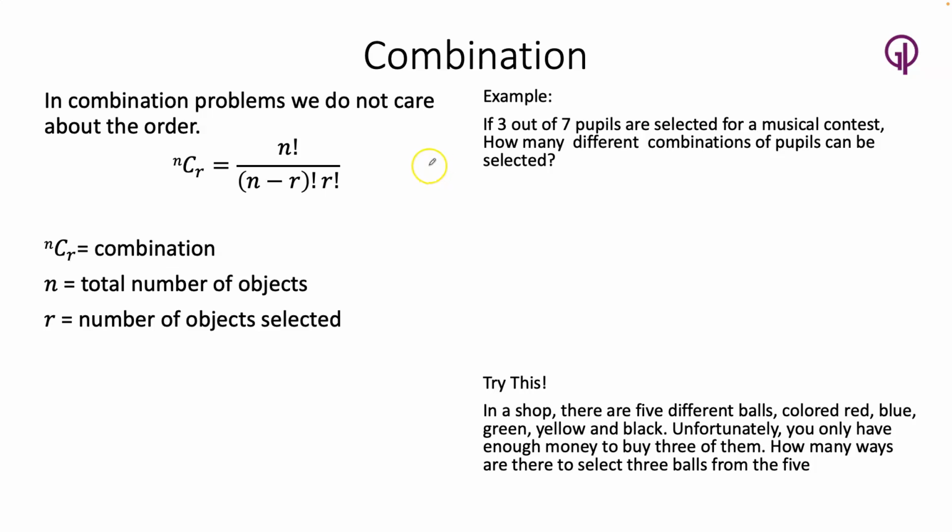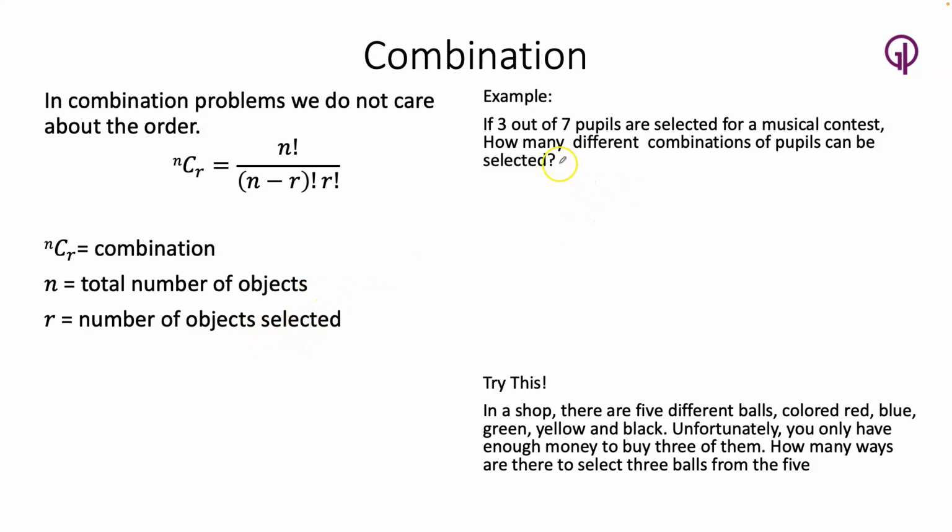However, in combination problems, we do not care about the order. We just care about picking people or picking objects or picking things. Now, here we have another formula for combination, which is n factorial divided by n minus r factorial times r factorial, where n is the total number of objects and r is the number of objects selected.